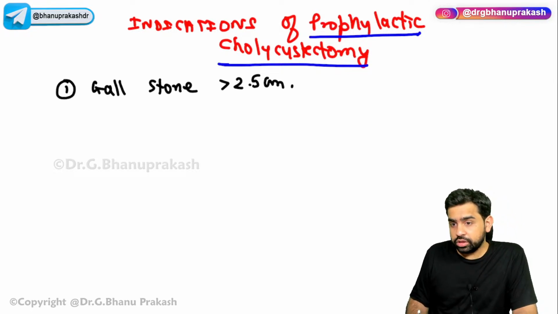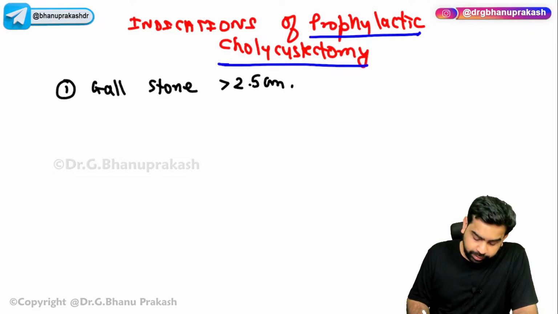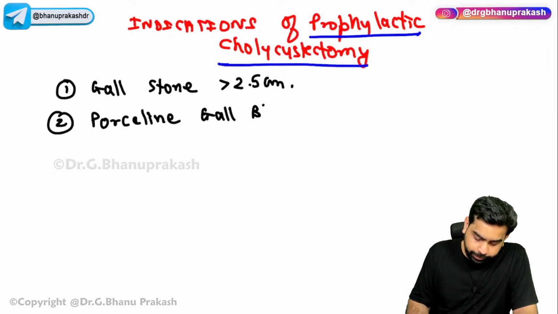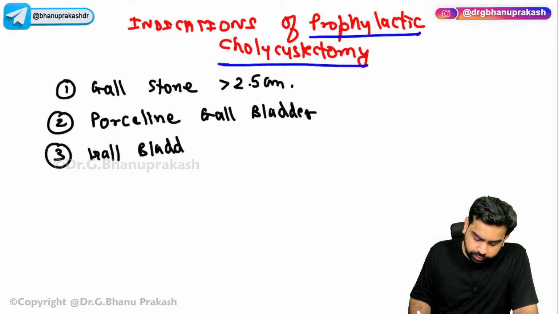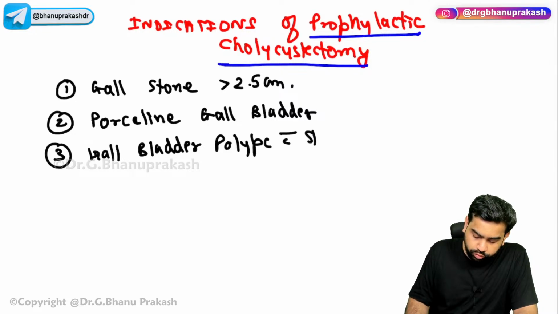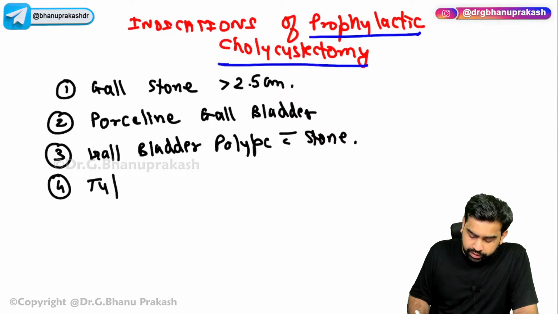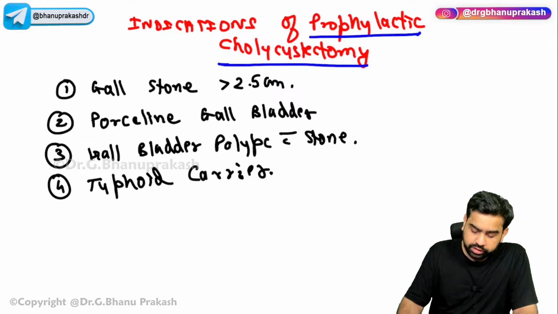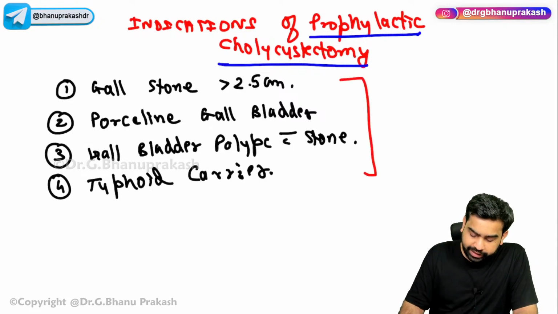Okay, so if the patients are having gallstones which are more than 2.5 centimeters in size, or let's say if there is a patient who is having a porcelain gallbladder, or a gallbladder polyp with the stone, or let's say if the patient is a typhoid carrier. Okay, so all these are the indications of your prophylactic cholecystectomy.